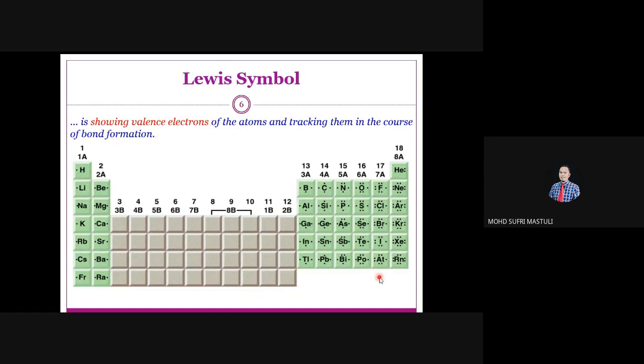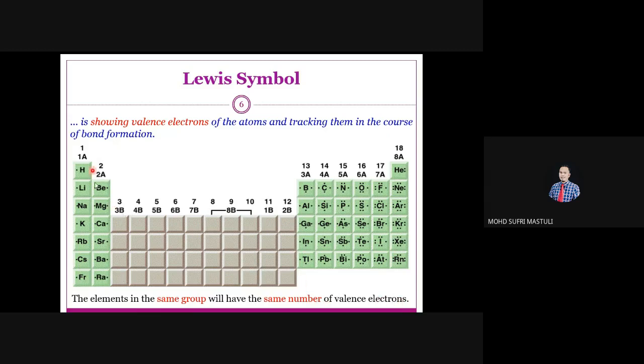So the next slide is a little bit about the Lewis symbol. Lewis symbol is showing the valence electrons of a particular atom and tracking them in the bonding formation. The elements or the atoms in the same group will have the same number of valence electrons.